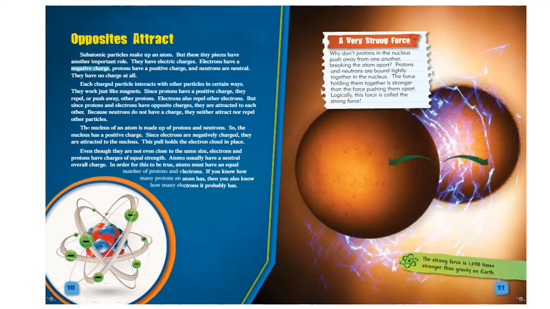Minus means negative. Protons, on the other hand, have a positive charge, meaning, again, if you look at that model of the atom right there, the blue protons in there have a little plus sign on them. That means their electric charge is positive. While neutrons, as their name kind of implies, are neutral, meaning they have no charge at all, zero charge.